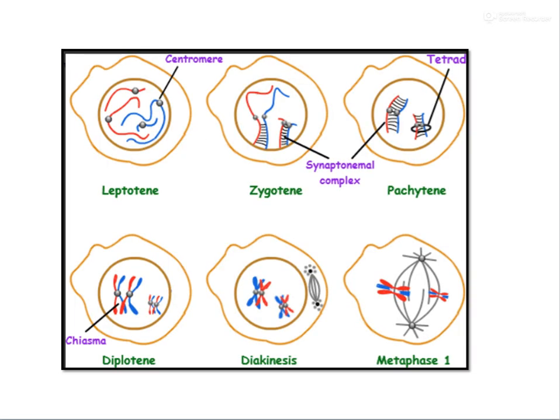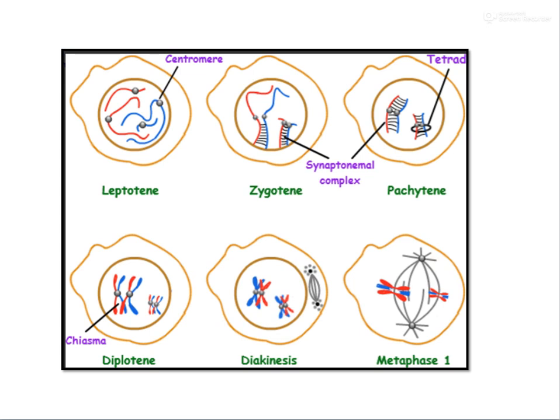So this is the sequence of events you can see. In pachytene they undergo pairing, and chiasma formation will occur in diplotene, and after that the process of diakinesis, or terminalization, happens, and the two chromosomes get separated from each other and continue with meiosis 2.